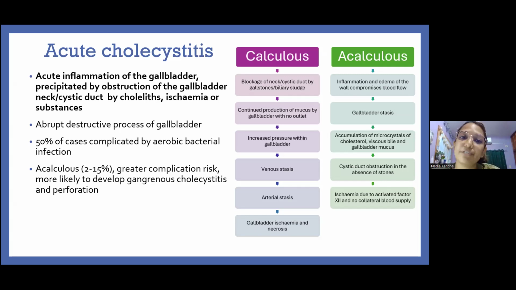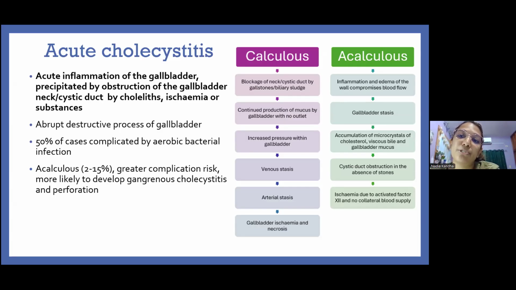In the pathophysiology of calculous cholecystitis, there is chemical irritation and inflammation of the gallbladder wall due to the obstruction of bile outflow from the blockage of the neck or the cystic duct. Phospholipases derived from the mucosa hydrolyze biliary lecithin to lysolecithin, which injures the mucosa.